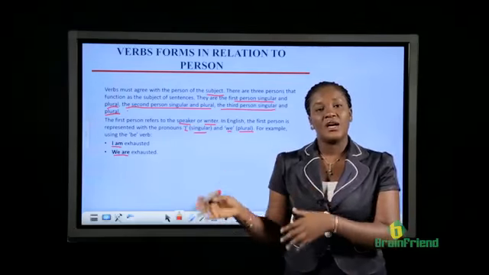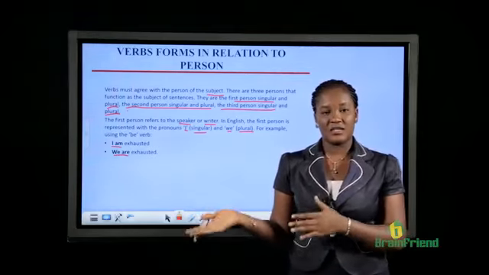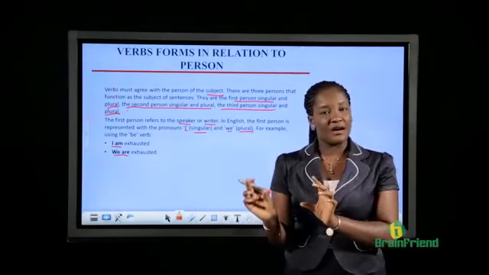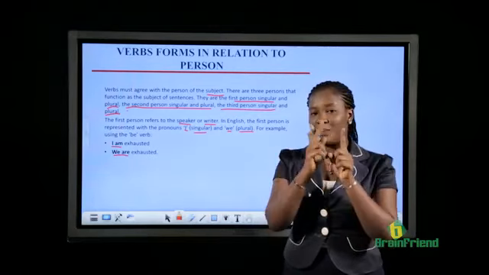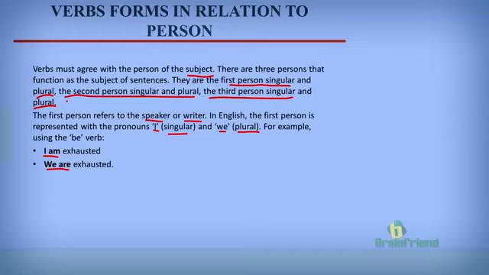I am exhausted. We cannot say I are exhausted. The verb are will not agree with the first person singular pronoun I. So we have to choose a verb that agrees in person with the pronoun, which is am. So it has to be I am. And then the next one says we are exhausted.